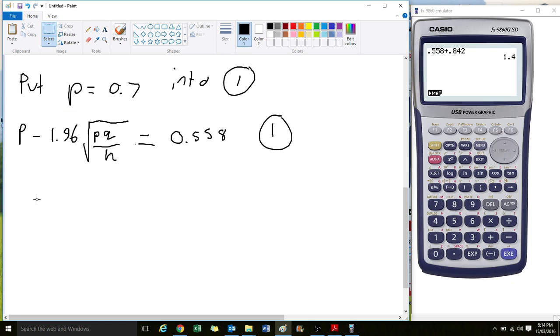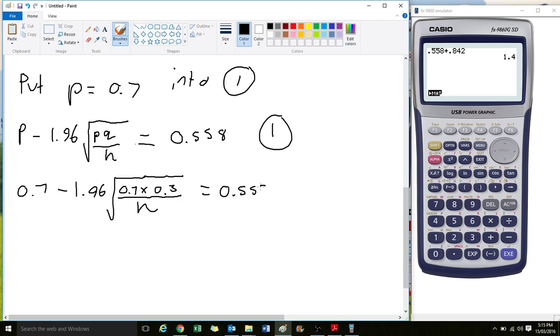We have P is 0.7, so we've got 0.7 take 1.96 times the square root of 0.7 times Q. Remember, Q is just 1 take P, and 1 take 0.7 is just 0.3. And this is divided by N. Now N is what we're trying to solve here. And that, of course, is equal to 0.558.